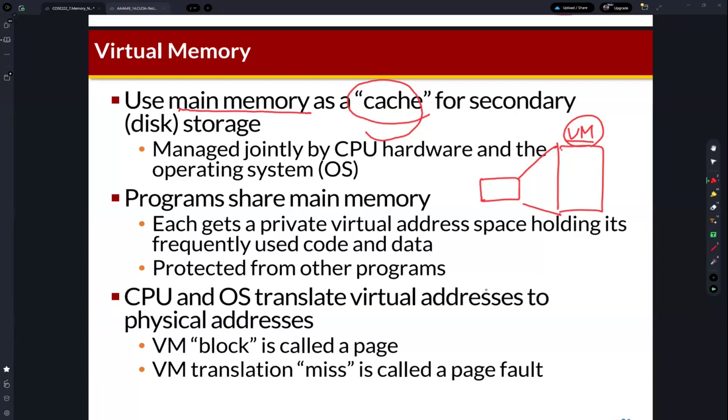So when we execute a load instruction or store instruction, this address is the virtual address. In order to access the real data in memory or storage, the data can exist in the physical main memory or storage space.